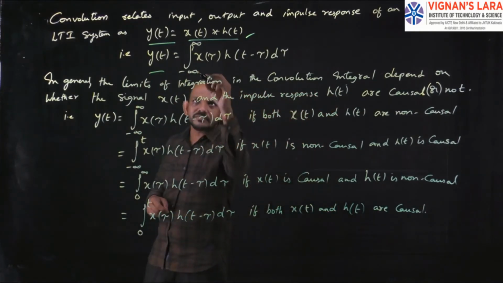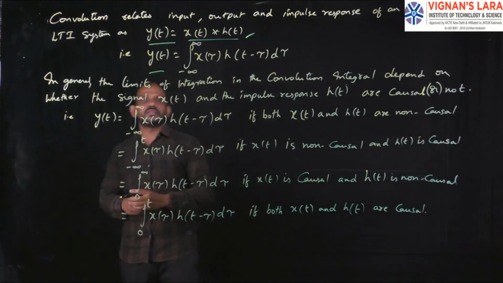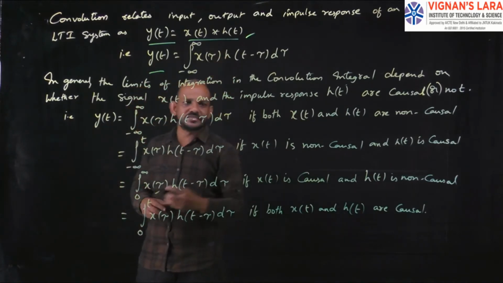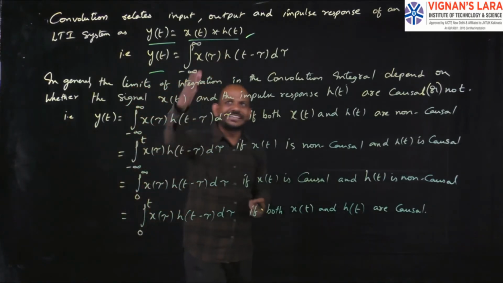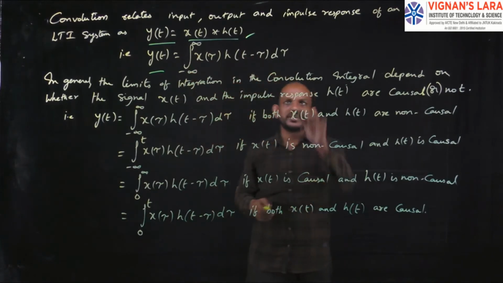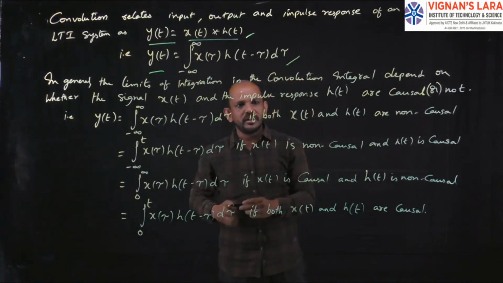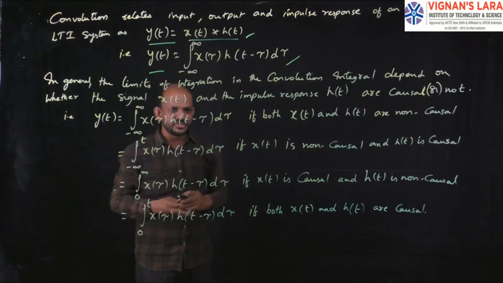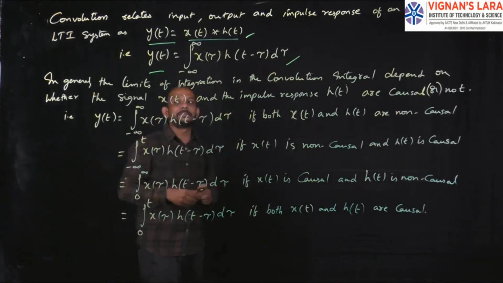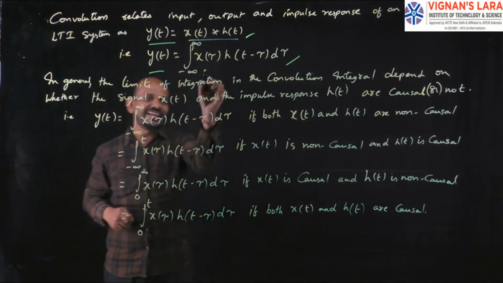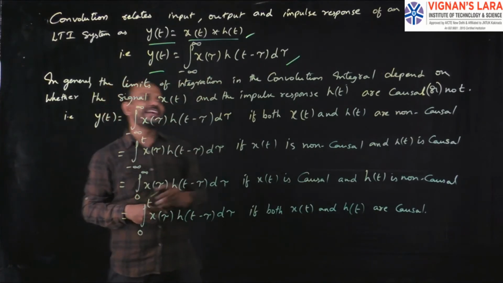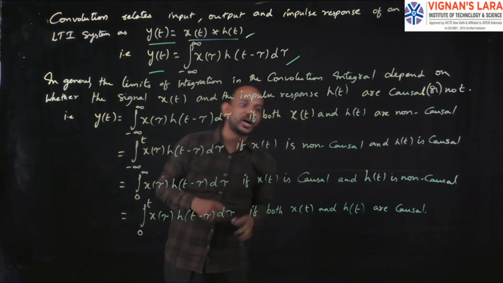Here, the limits of the integration in this convolution integral in general depend on whether the signal x of t and the impulse response h of t are causal or not.